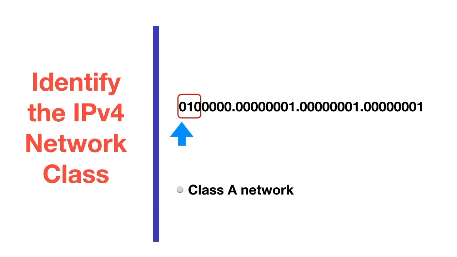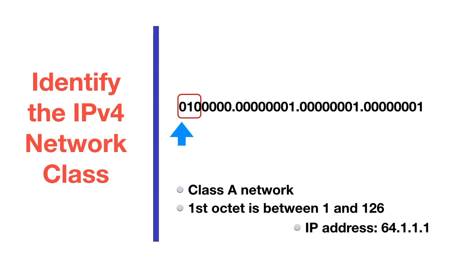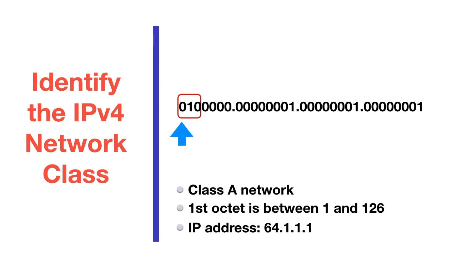Note that because the 128 position is zeroed out, the value of the first octet must be between 0 and 127. But because some values are reserved, the first octet in a Class A network must be between 1 and 126. The full IP address displayed here is 64.1.1.1.